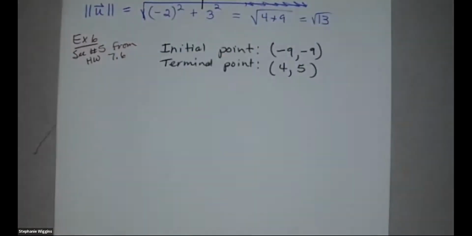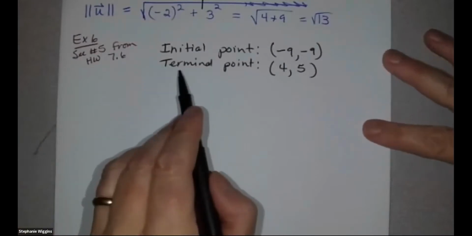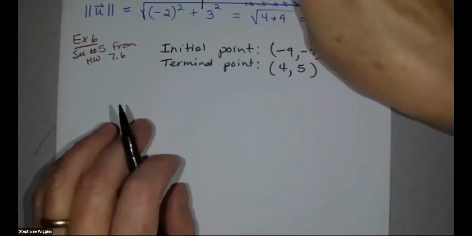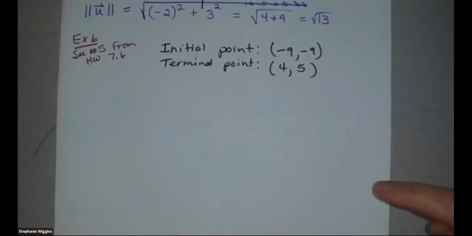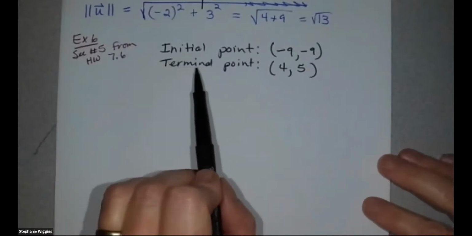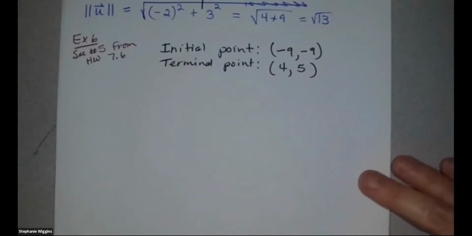Now, when you're calculating the length, it doesn't matter what the order is, because you're just taking the differences between the x's, squaring it, and the differences between the y's. But if you want to draw the vector, and you want to find the i and j scalar multiples, you do have to take the terminal point and subtract the initial point.